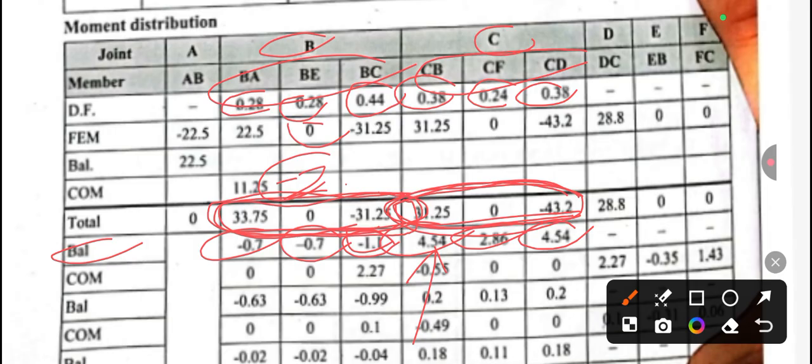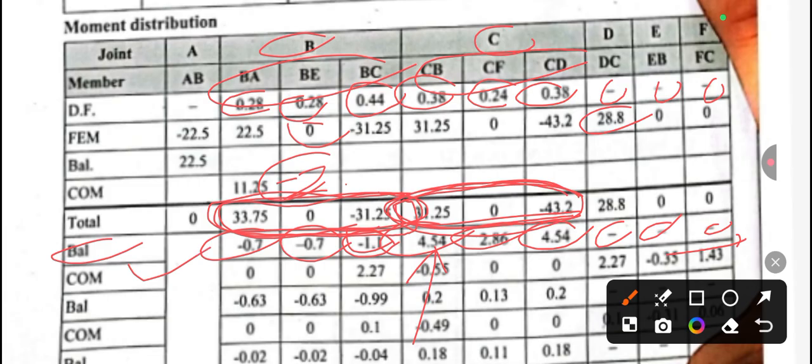And for this joint D, you can see the distribution factor is 0, so if we multiply by the distribution factor, all the values become 0, so we don't need to write them. Now in the second step we have to again do carryover moment.